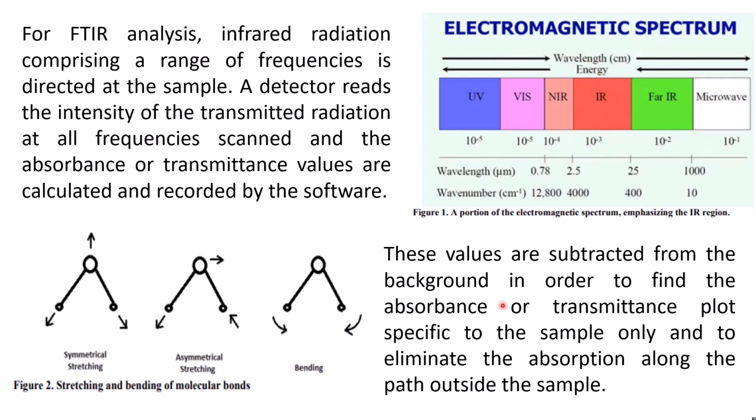Before running your sample, you have to make sure that you run a background test, and this background has to be subtracted so that you don't end up assuming that some of these absorbances are from the sample, whereas they are just background absorbances.